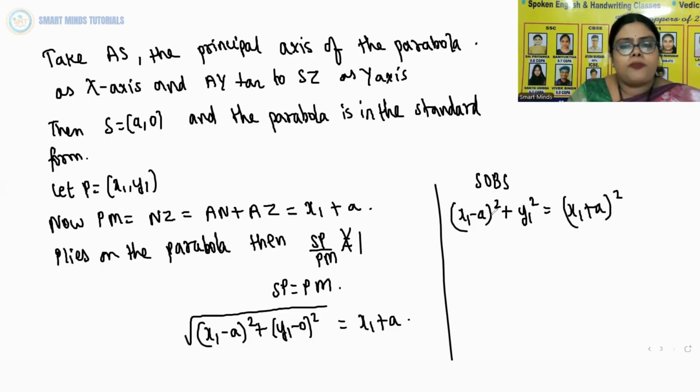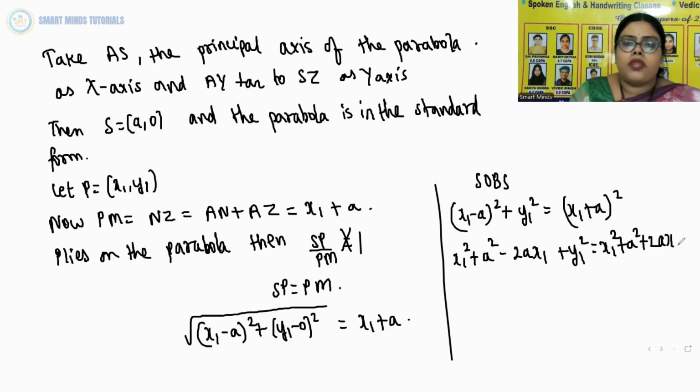Now you expand this bracket, a minus b whole square. So x1 square plus a square minus 2ax1 plus y1 square, and right hand side also I expand, x1 square plus a square plus 2ax1. x1 square plus a square get cancelled. Now you take minus 2ax1 that side.